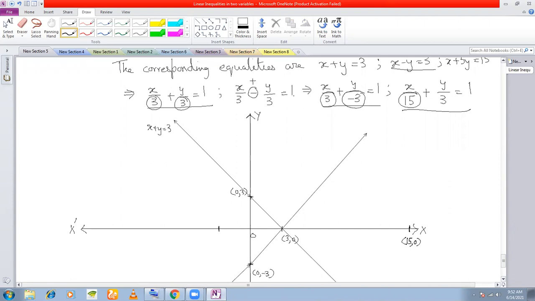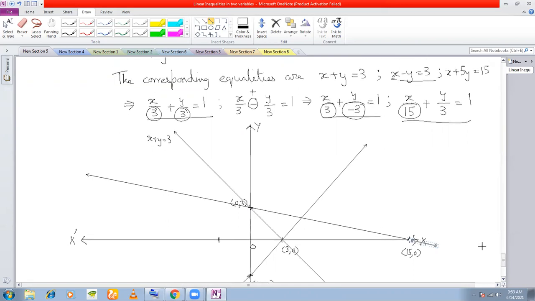So that means it will pass through these 2 points. This will be your straight line. Write the name of the equation here: x plus 5y is equal to 15.